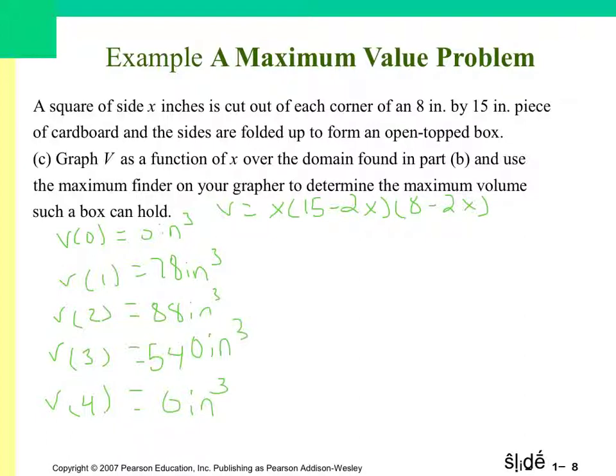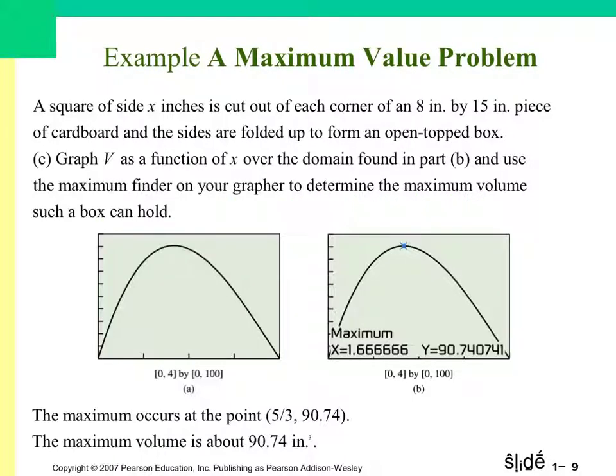Alright, so let's take a look at this when we use our graphing calculator to find the maximum. So yeah, if you go through find the max, it looks like right there. So the maximum volume is 90.74 inches cubed. And that occurs when you took x to be 1 2/3 of an inch.